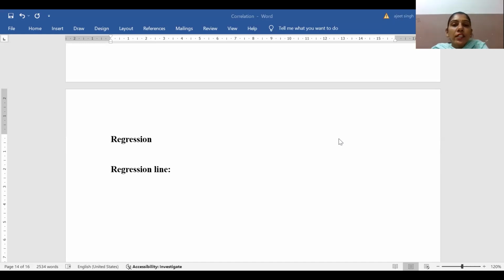So basically, regression lines are drawn in the form of a line of best fit.